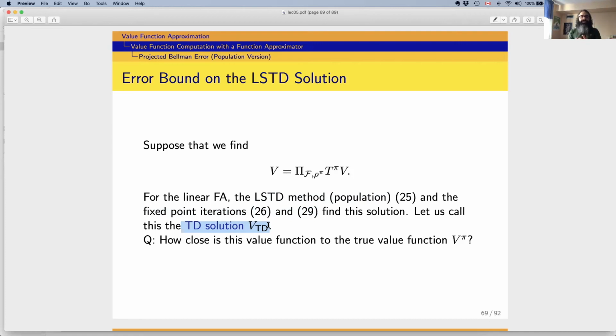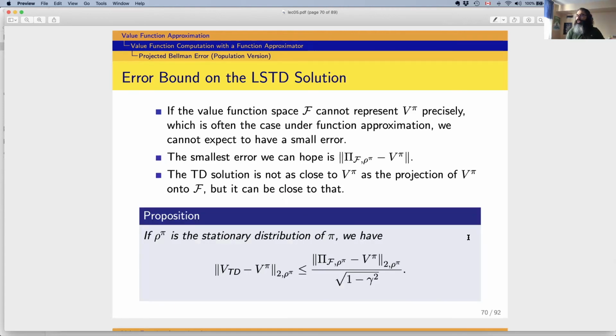Now the question is how close this value function, V_TD, is to V pi. Is it any good or not? If the value function space cannot represent V pi, so V pi is outside that space and there is a distance, which is often the case in function approximation, we cannot expect to have zero error.